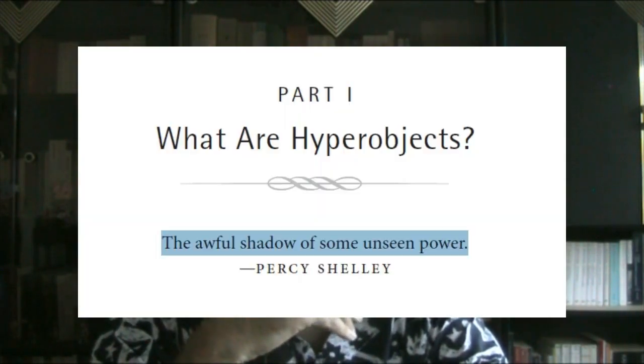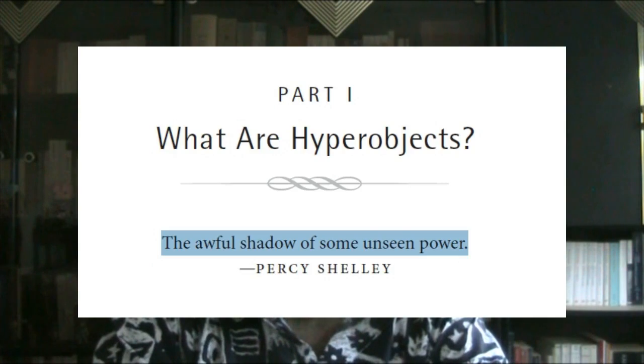So the first part of the book, what are hyperobjects, Morton has an epigraph from a poem by the English poet Percy B. Shelley, and the epigraph reads, "That awful shadow of an unseen power."